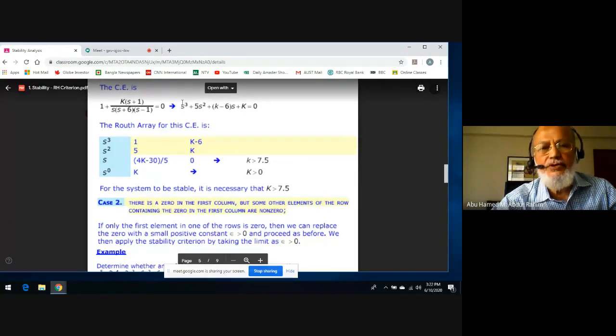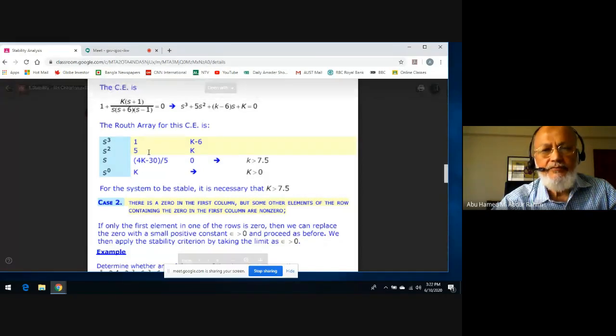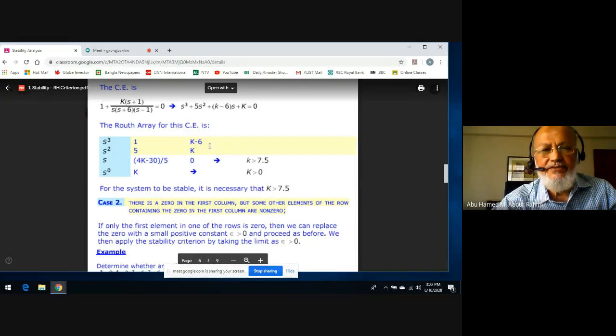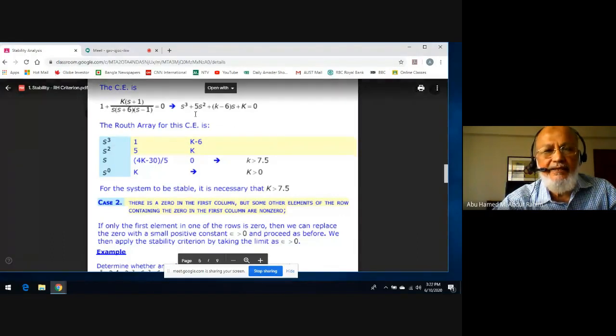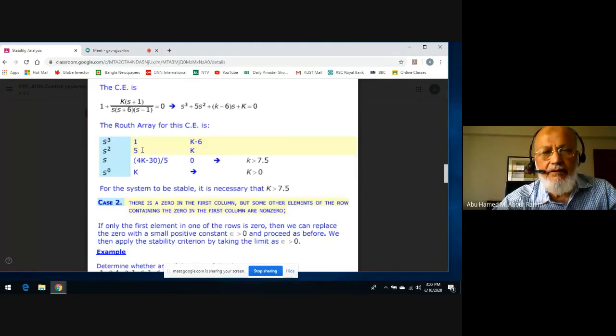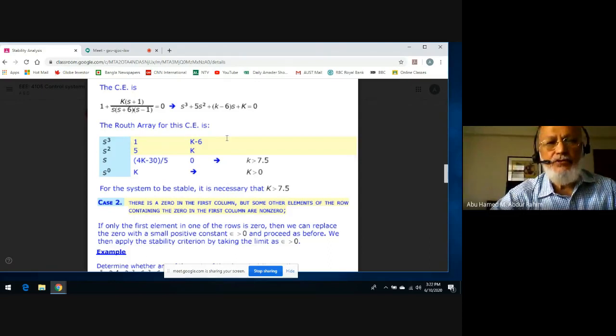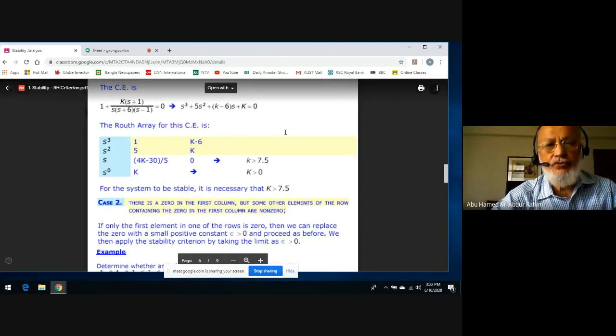Look at how we do it: 1, 5, then k minus 6, then k, and that's it. There is nothing more, the rest are all zeros. Again, 1, 5 going vertically down, then k minus 6, then k. That's how we generate the first two rows of the Routhian array.